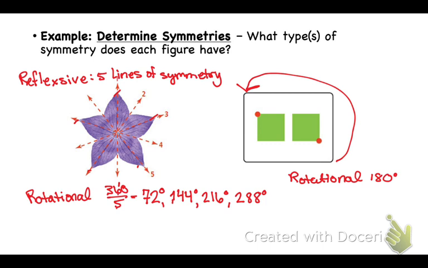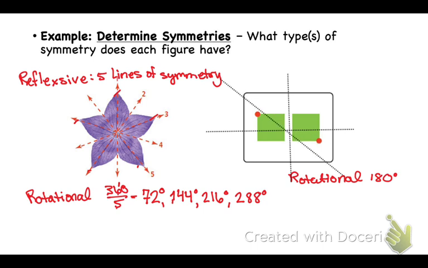So does it have reflexive? No. What's messing up any reflexive hopes? The 2 red dots. Because if I did this, would I be off on the dots? Yep. What about this? Would I be off? Yep. Now, it's a rectangle, so obviously nothing through the vertices, right? But those 2 red dots mess us up. So when there's something on the picture, do we need to look at it and pay attention?